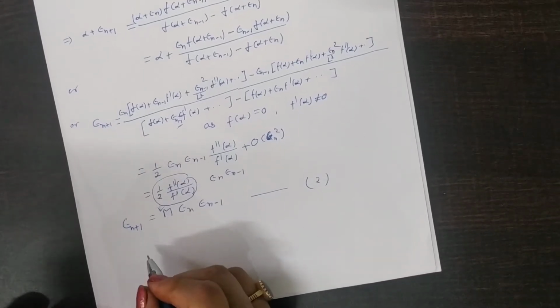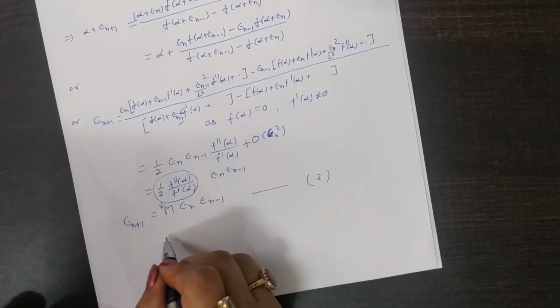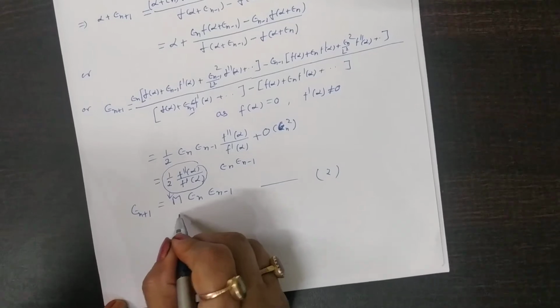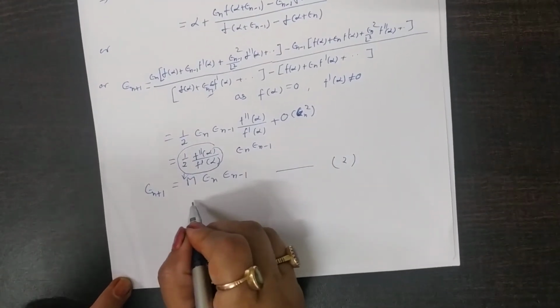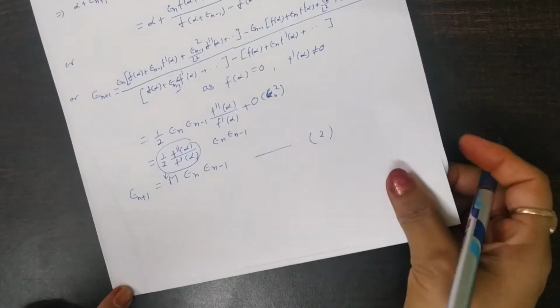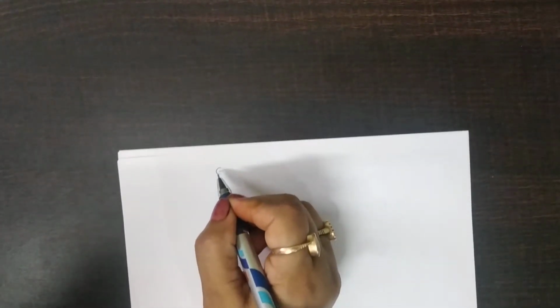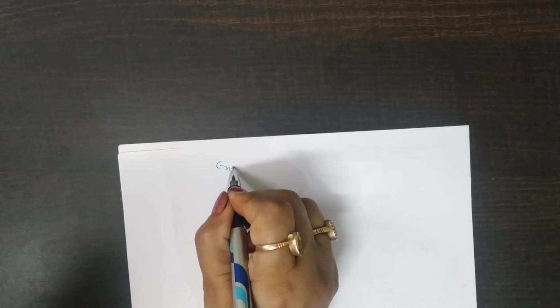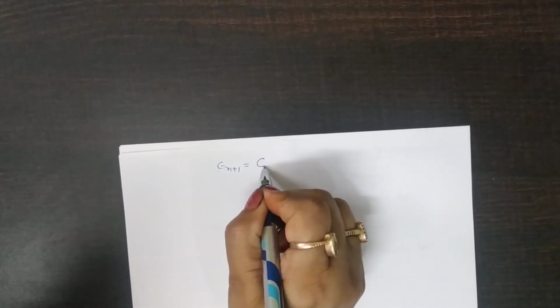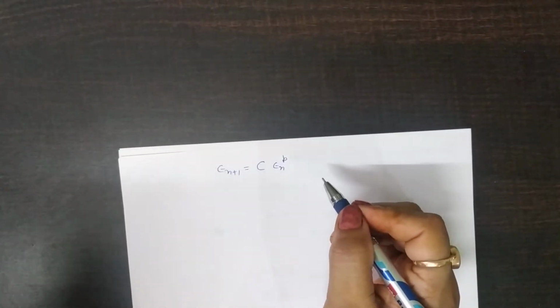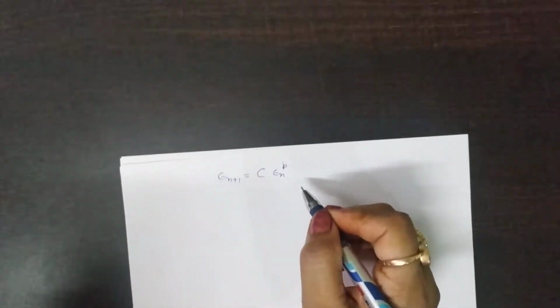Now we wish to determine a number p such that epsilon n plus 1 is equal to C epsilon n to the power p, satisfying equation number 1, that is the formula for the secant method.